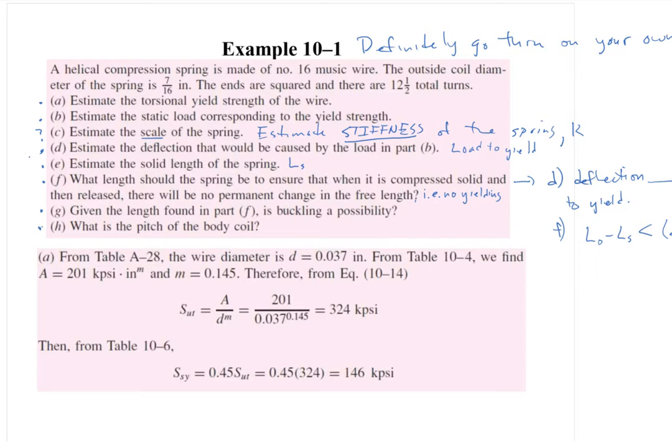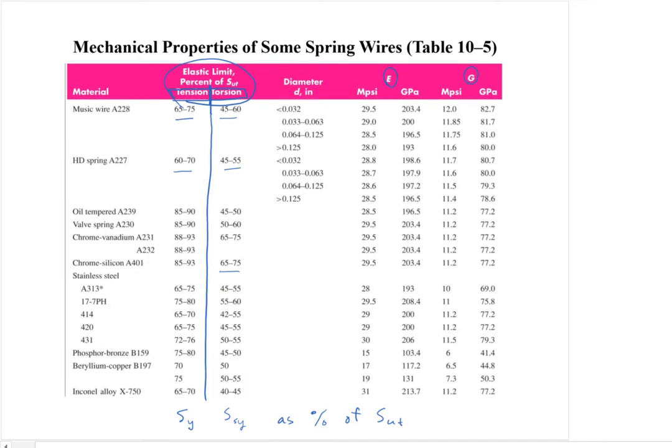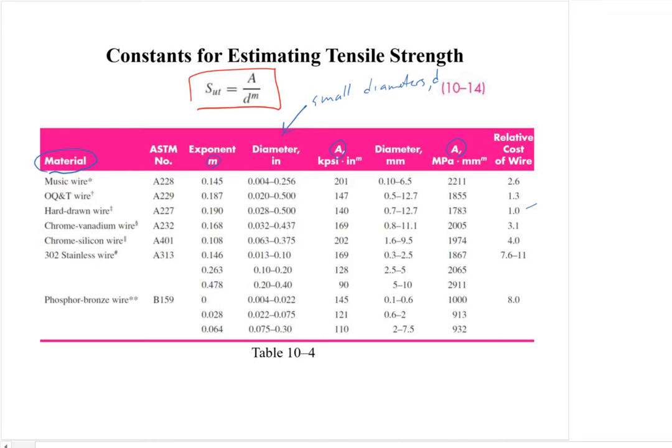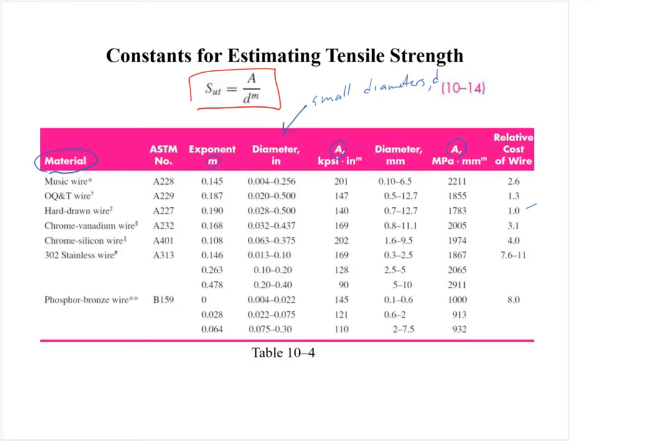If we go back a couple of slides, it's quite a ways back. A lot of this stuff is based on SUT. So the first thing we need to do is figure out SUT.